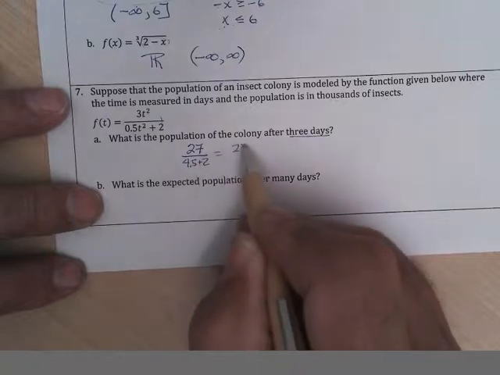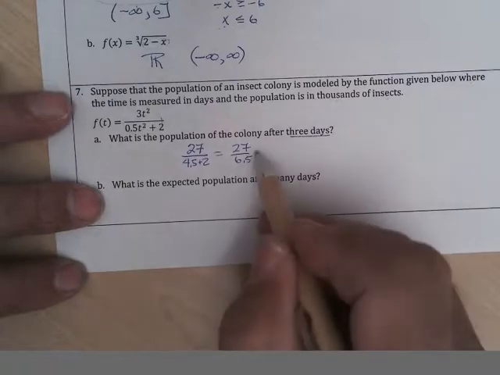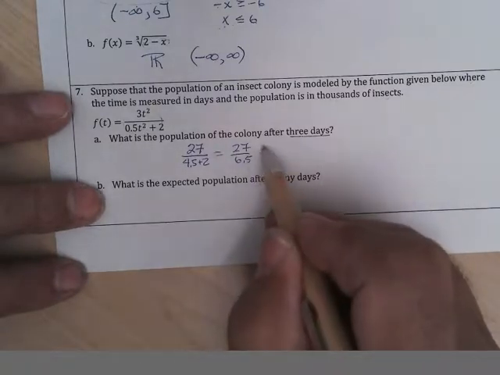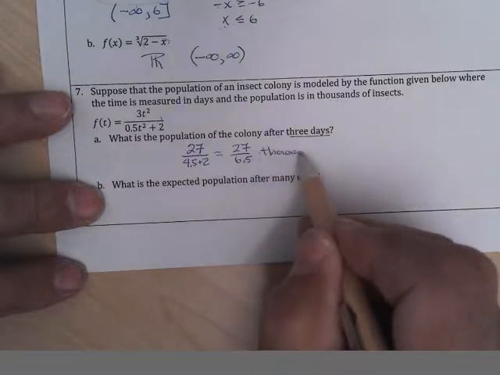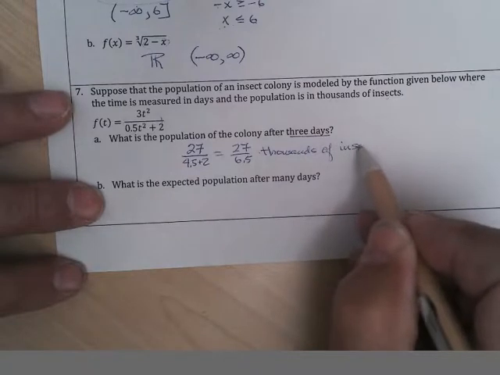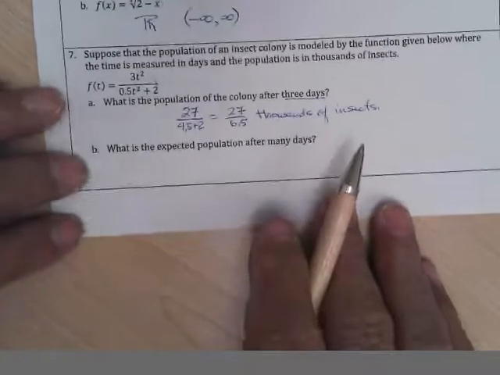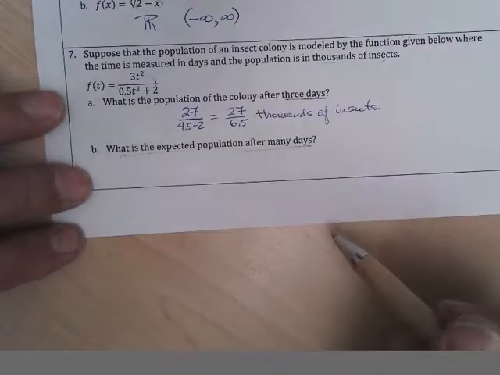So we got 27 over 6.5, which you can divide out, or you can leave it like this, and this would be thousands of insects.